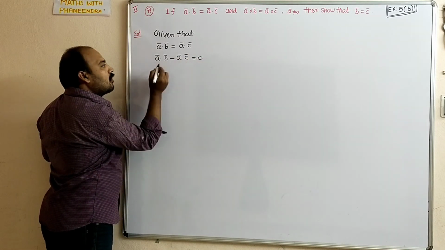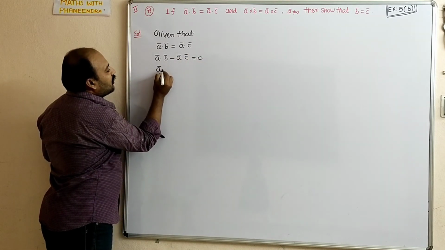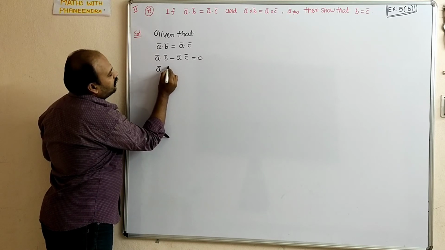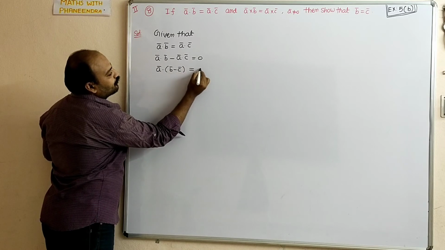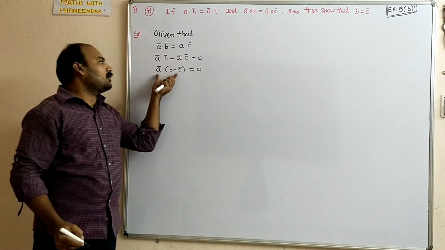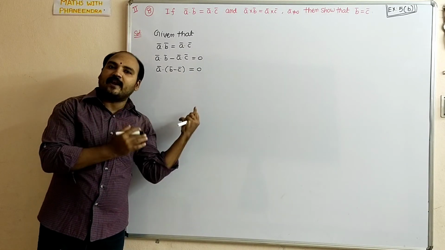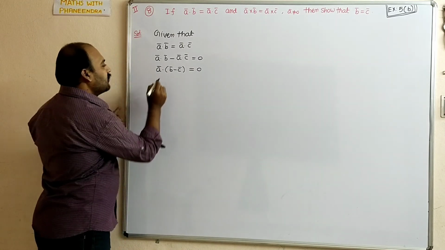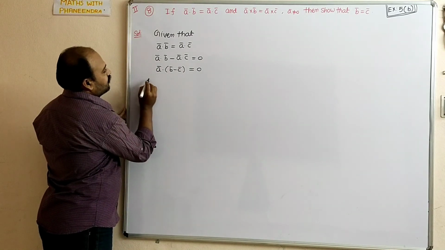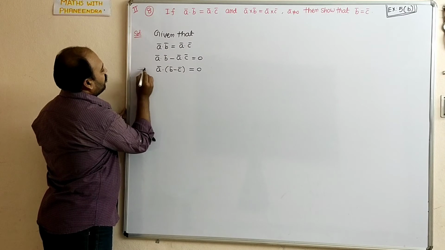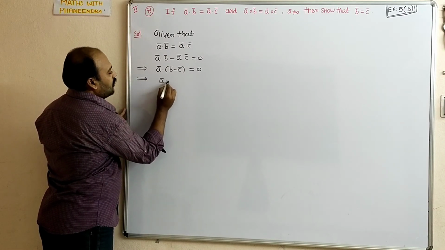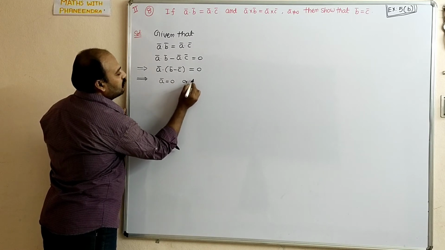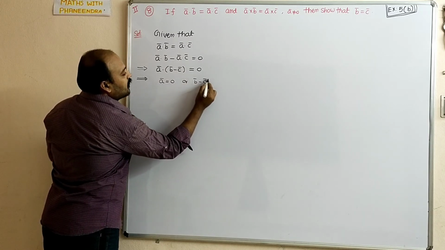Take common a bar from these two. A bar dot common, b bar minus c bar. We know that the product of two vectors equal to 0 means either a bar equal to 0 or b bar equal to 0. That means a bar equal to 0 or b bar minus c bar equal to 0.